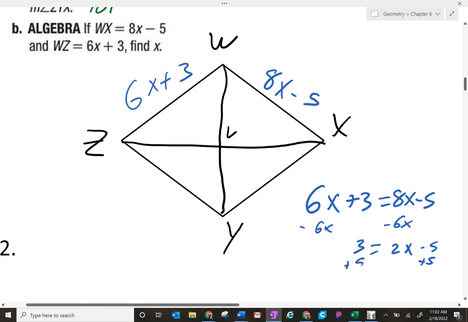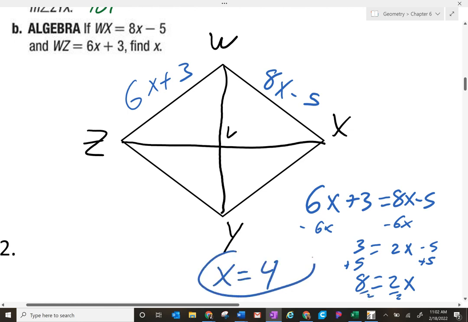So plus 5 to both sides. I get 8 equals 2X. Divide them both by 2. Tells me that X is going to equal 4. So when this said just find X, we set them equal to each other. We solved it. X equals 4.